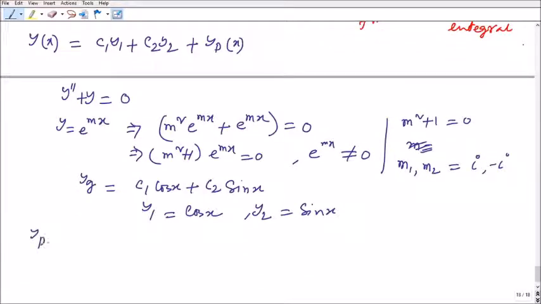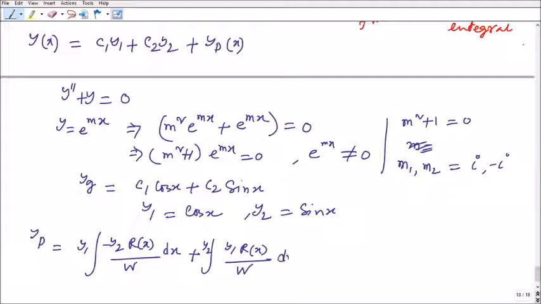So yp is equal to y1 integration minus y2 into r of x by w into dx plus y2 into y1 r of x by w into dx.